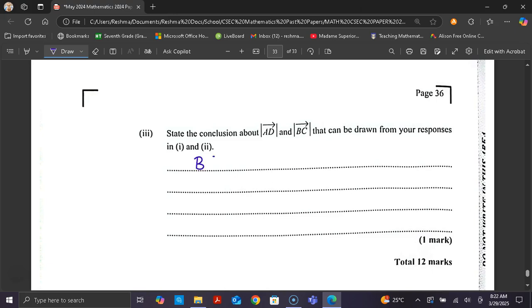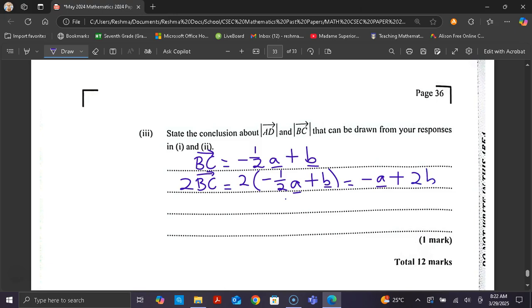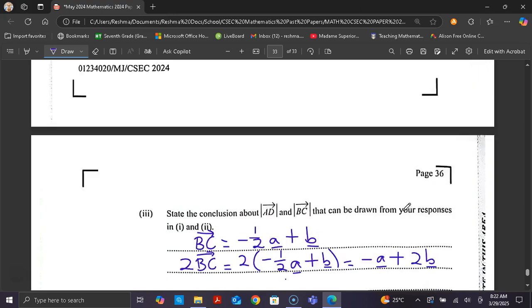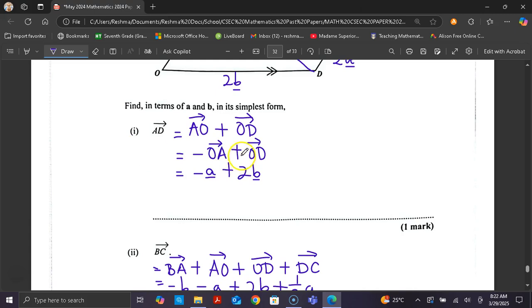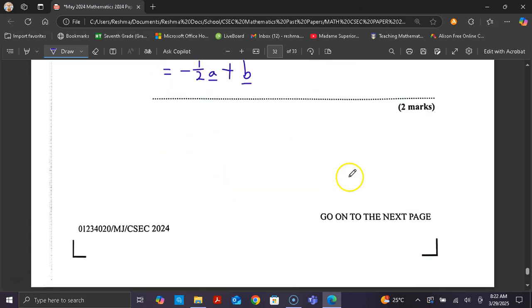So BC is negative a half A plus B. 2 times BC, so if I multiply the entire vector by 2, 2 times negative a half will be negative 1, so negative A. And 2 by B, so that's 2B. And if we go back up, we realize that this is equal to AD.